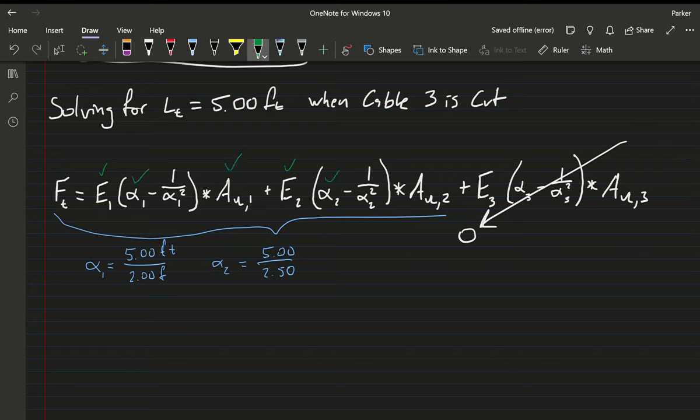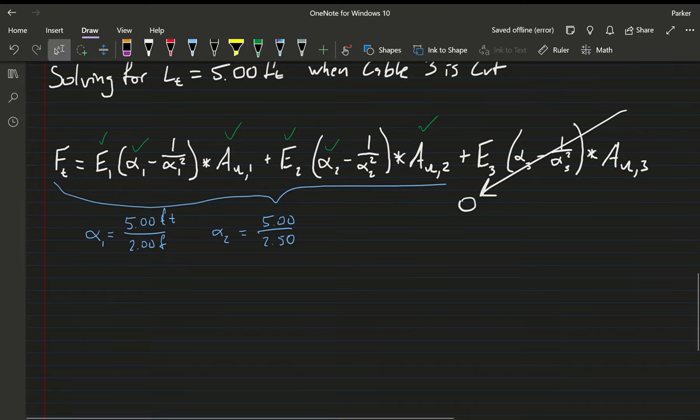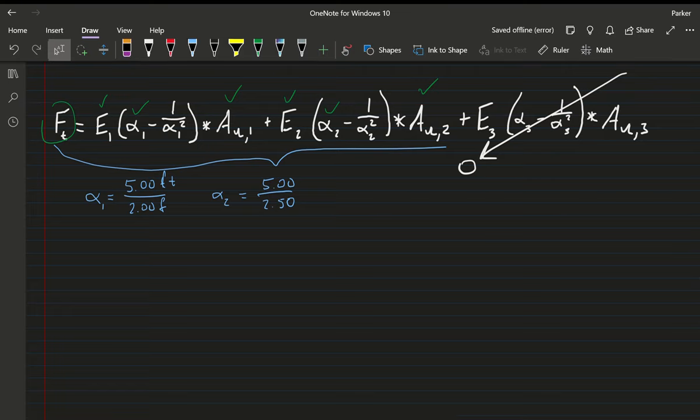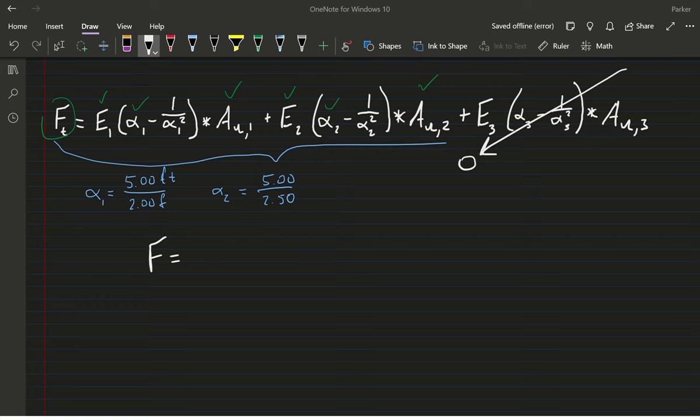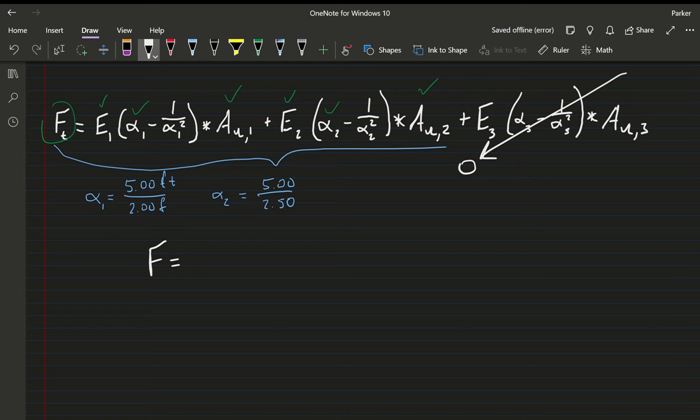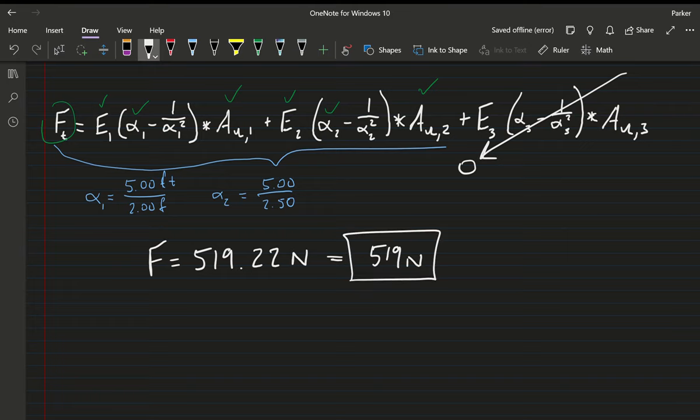We know our cross-sectional areas because those never changed, and we can then solve for force. Solving for force gives us a final number: F equals 519.22 newtons. We should round this to 519 newtons, and that's our answer.